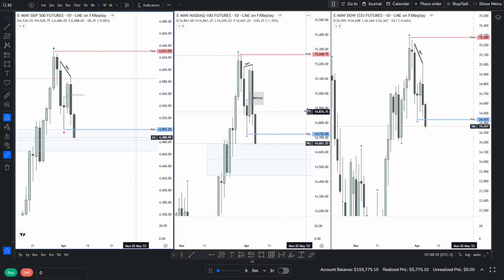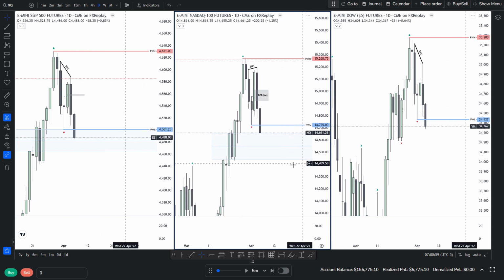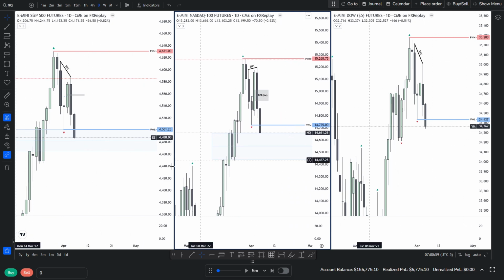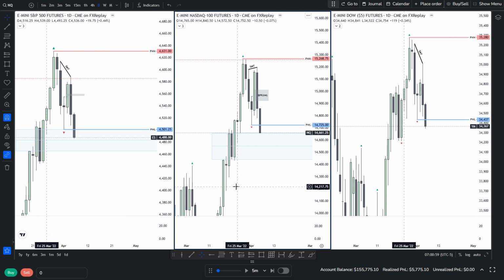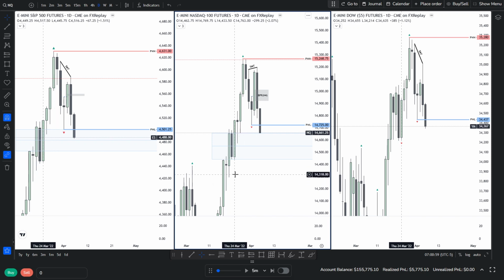Obviously, all markets have traded through their previous weekly low, so that's supporting potential lower prices.